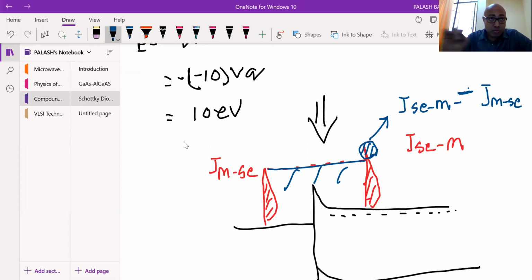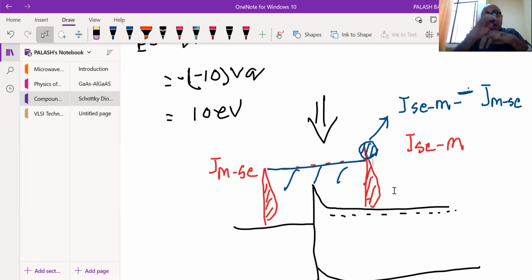What would be the amount of current, we will see, but this is what happens when you apply some voltage. Now this way of analysis you have not done for the PN junction diode. Your homework will be the following, which I am telling you.